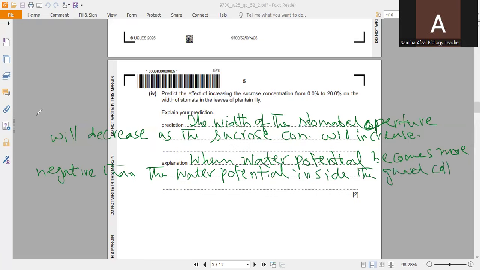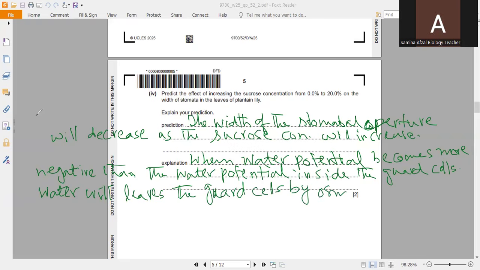And in osmosis, water always moves from higher water potential towards lower water potential. So water will leave the guard cells by osmosis.